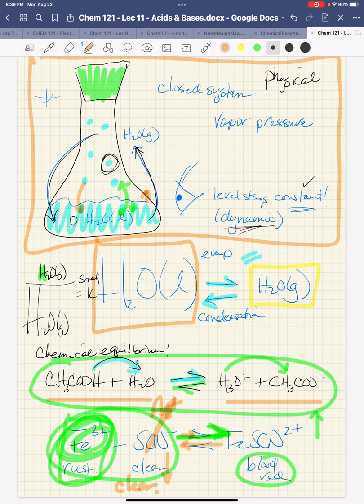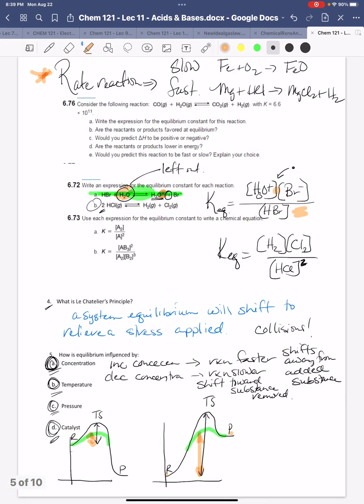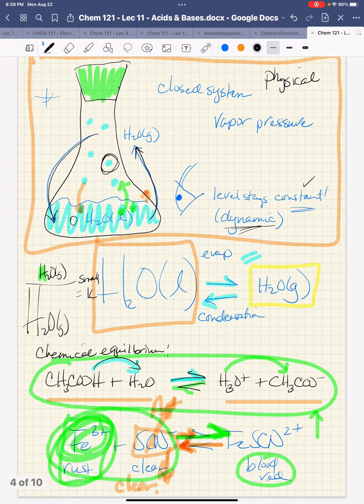When we removed the thiocyanate, we took it down. The forward reaction slowed down because there are fewer particles to collide, and so the equilibrium shifts to replace what you've removed. With temperature, you saw that Scott said that there was heat involved in this reaction, and when we heated this solution, because we added heat to the system, that causes the reverse reaction to happen faster than the forward reaction for a brief time, and the equilibrium shifted and got more clear, and we were able to ascertain that that was an exothermic reaction.